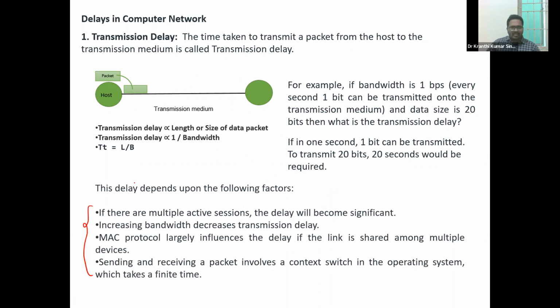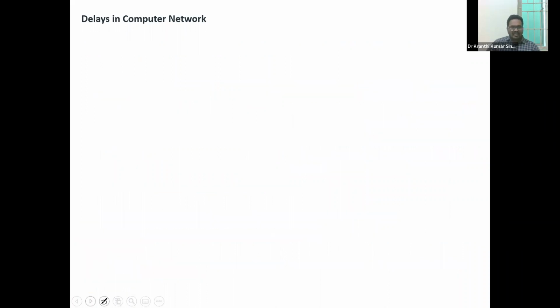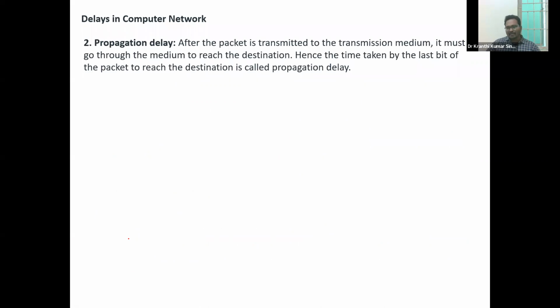And what parameters does the delay depend upon? Of course, the length of the packet and the bandwidth. That is the theoretical aspect; you can read it later. The second type is propagation delay. After the packet is successfully transmitted, just placed into the link, it must go through the medium to reach the destination.